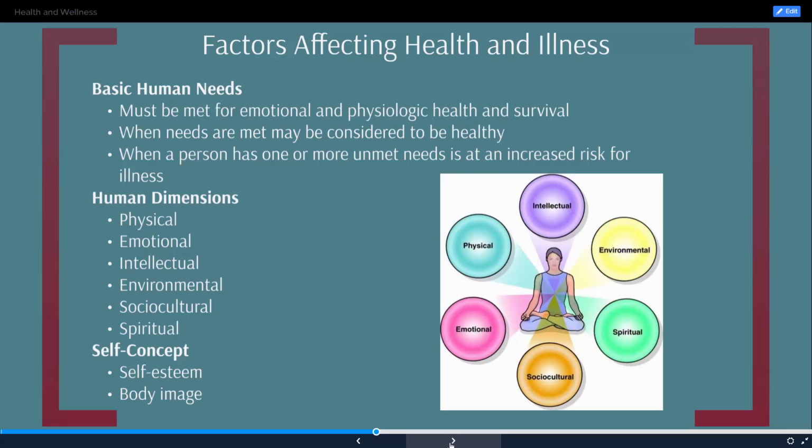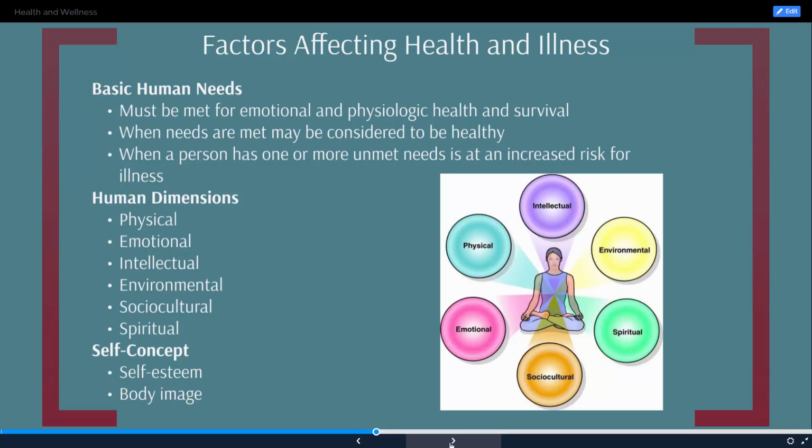Then we have something like human dimensions. We have dimensions of the human body: physical, emotional, intellectual, environmental, sociocultural, and spiritual. Those can affect health as well. So if somebody feels imbalanced in their spiritual or emotional state or dimension, that might impact their risk for illness as well.